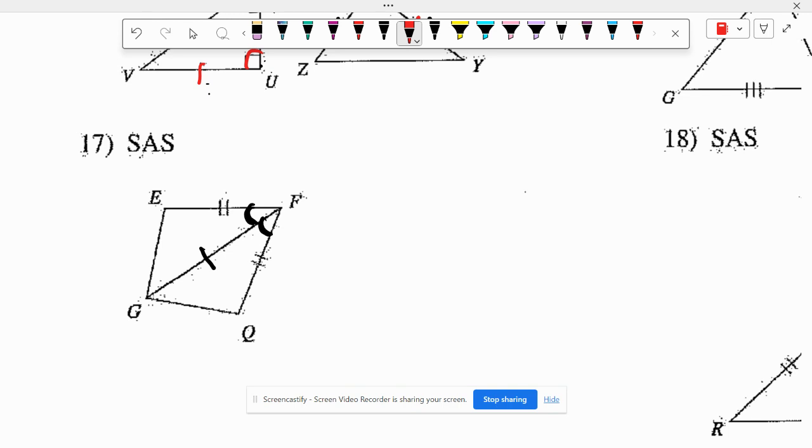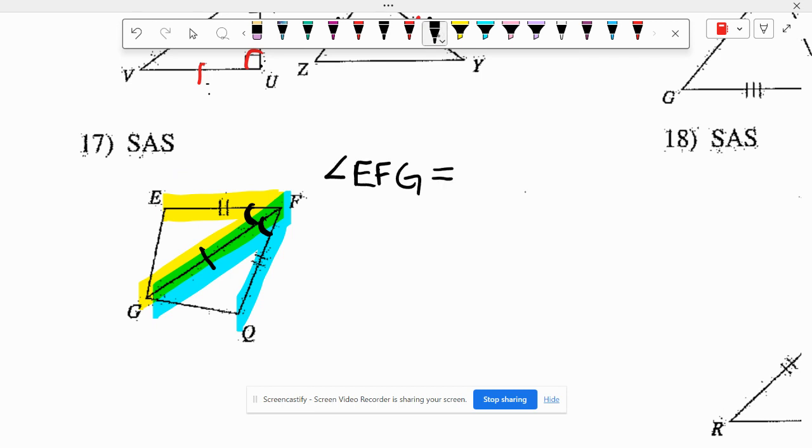Because up to this point, we've just been calling angles angle A, angle B, angle C, right? But because F is shared by both sides, you have to name it the way that it's written. Angle EFG and angle QFG. So you need angle EFG congruent to angle QFG.